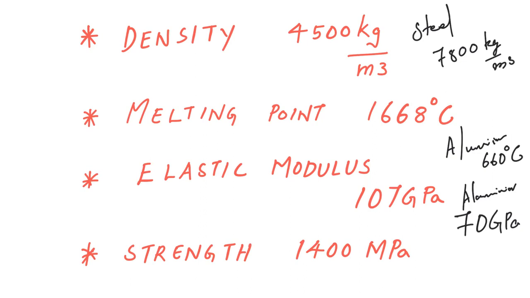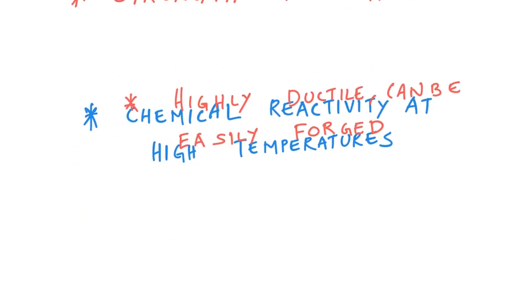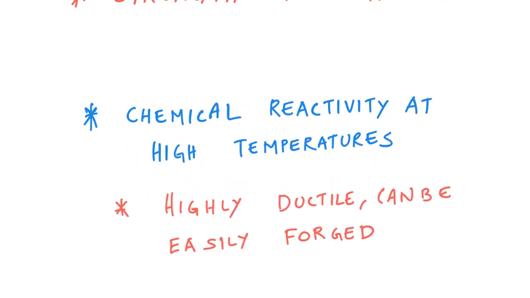Since density is low for titanium, the specific strength of titanium is much higher, and that's why you see titanium very widely used in aircraft structures, especially in space vehicles and spacecrafts. We have a lot of spacecraft brackets made of titanium, in a lot of the satellites you see.